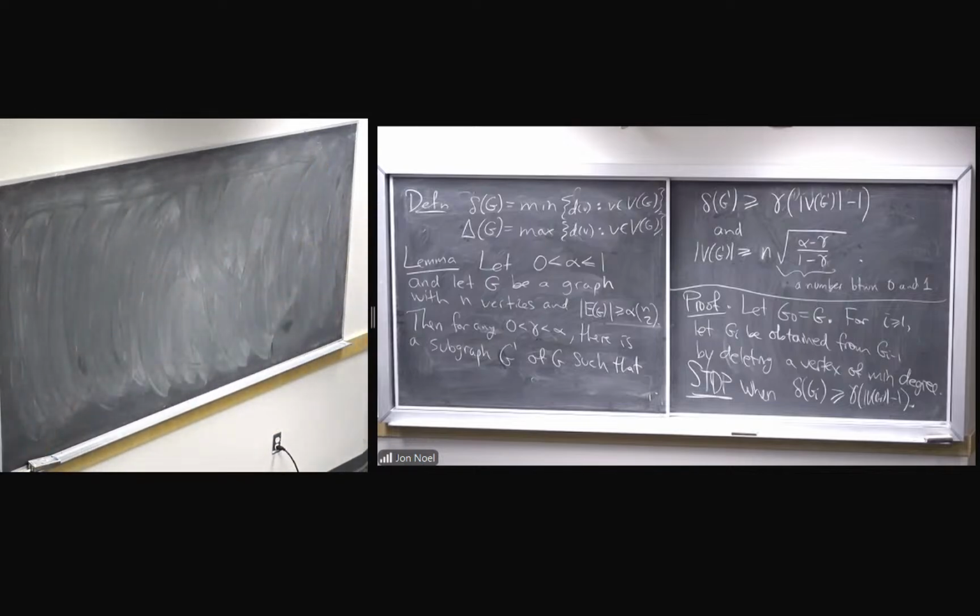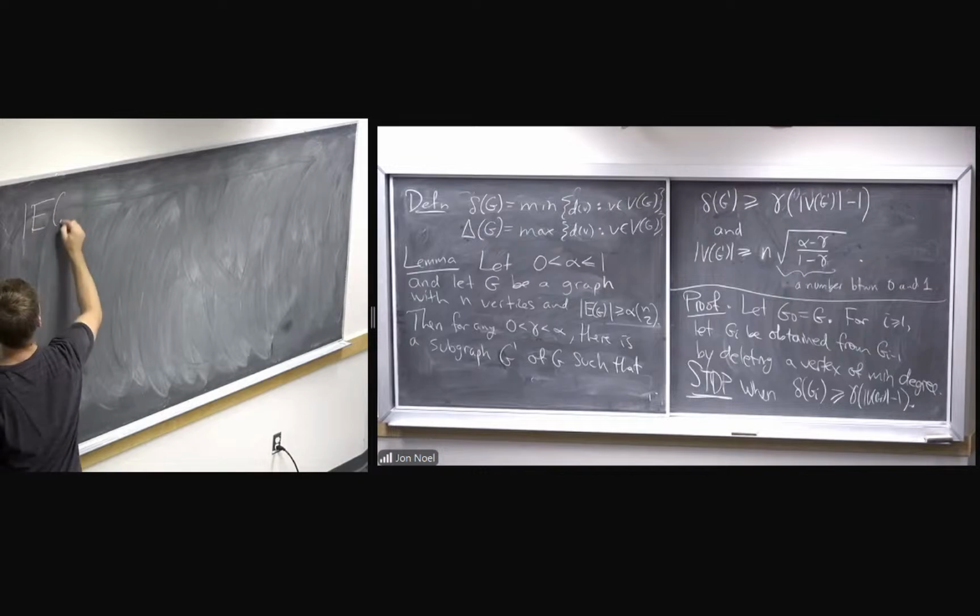Okay, so we just need to show that the final graph Gi satisfies this second inequality. So before I estimate the number of vertices, let's say something about the number of edges.